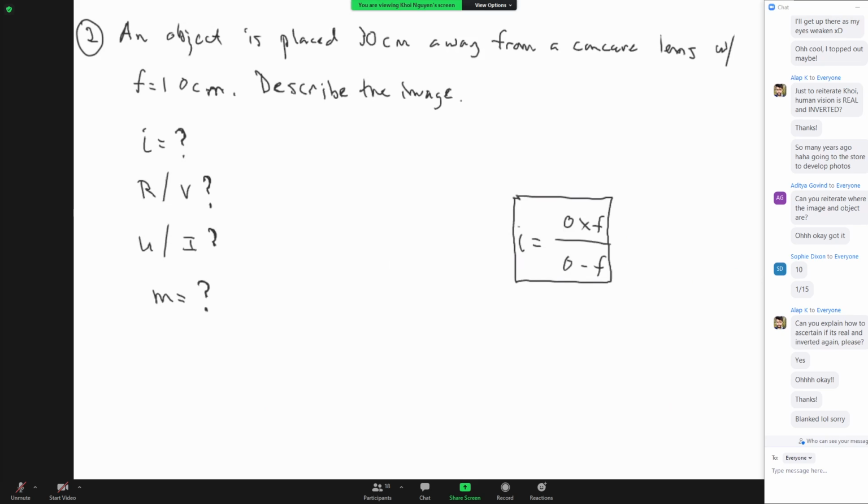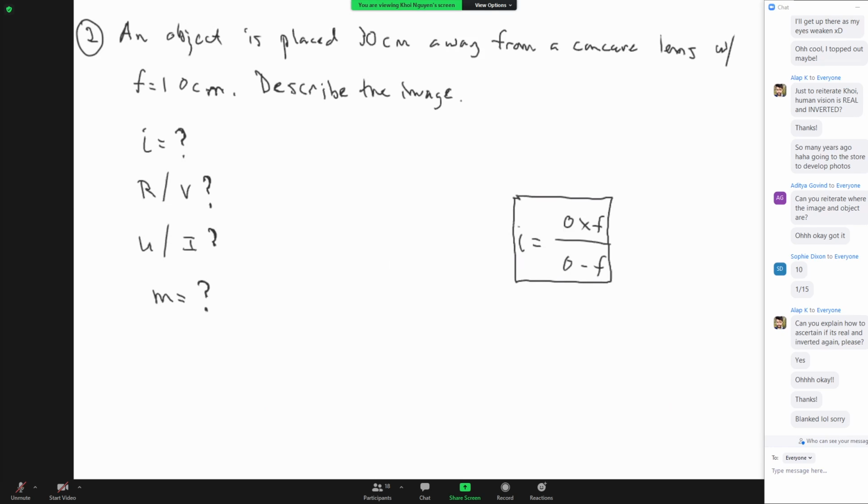Leave the equation around. Describe to me the image. It is not the same, for those who are saying it's the same. What type of device is the concave lens?